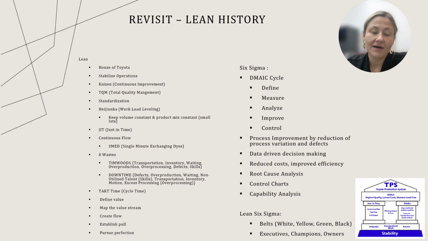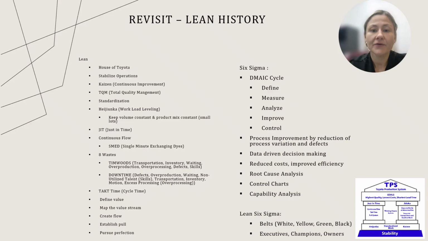For the sake of Toyota, we'll focus on TIMWOODS: transportation, inventory, motion, waiting, overproduction, overprocessing, defects, and skills, or not utilizing talent. Also focus on takt time or cycle time. To wrap it all together, the main purpose is to define value, map the value stream, create flow, establish pull, and pursue perfection.